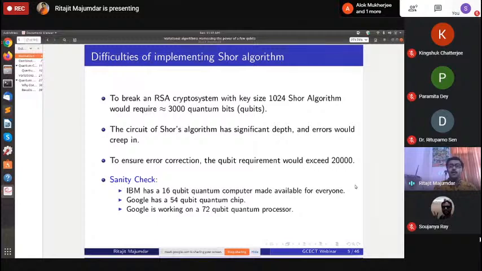So we are right now talking of a scenario where the number of these qubits, whatever they are, are just quantum bits. In a classical computer, you have bits. In a quantum computer, you have qubits. So we are talking of a scenario right now where you have fewer than 100 quantum bits.